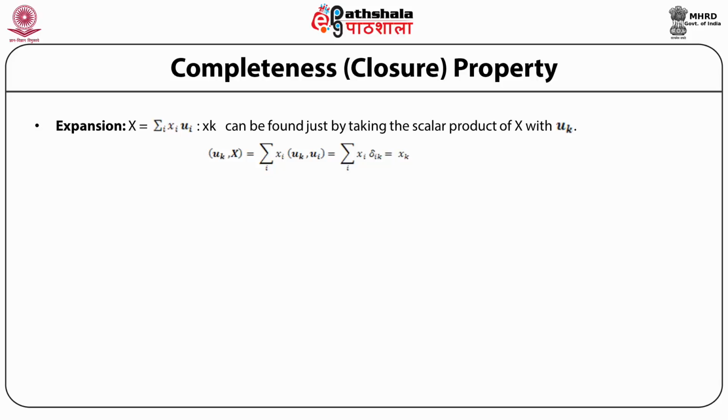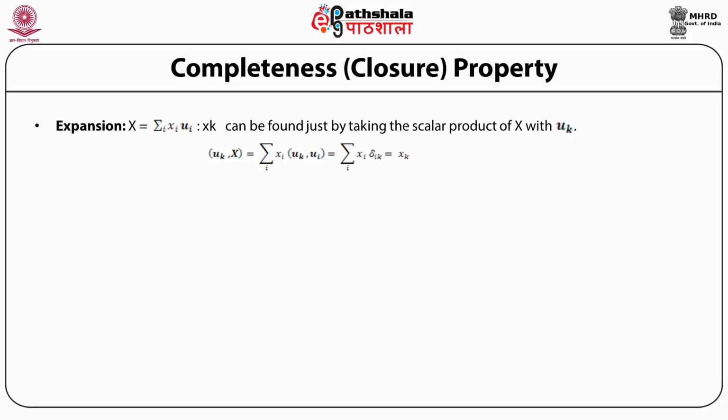Mathematically, this can be written as the scalar or inner product of vector uk with x is equal to summation over i xi into the scalar product of the unit vectors uk and ui, and this is equal to summation over i xi into delta ik, and this is equal to xk, where delta ik is equal to 1 for i equal to k and it is equal to 0 for i not equal to k.